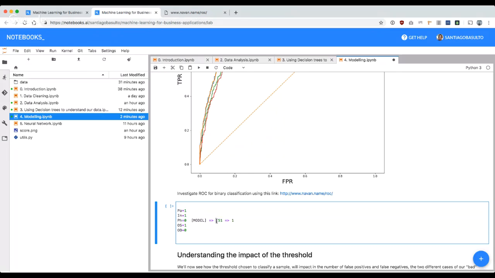Churn is going to be true. If this is below 0.5, in this case 0.49, we're going to predict that it's actually 0. So as you can see, it's a very arbitrary number. If above 0.5, it's 1. If it's below, it's going to be 0. So it's actually something we can work with.